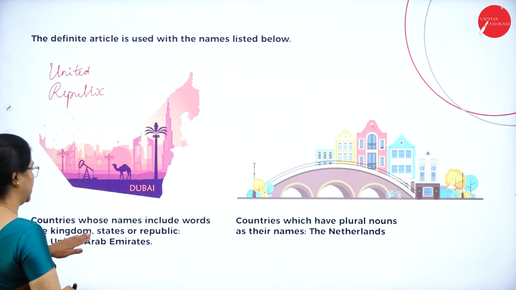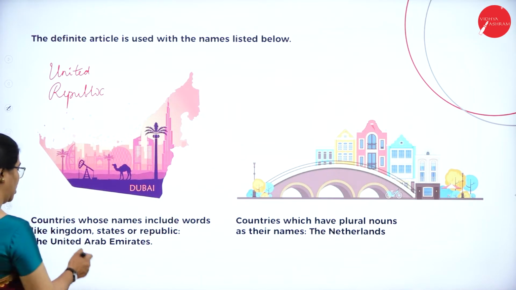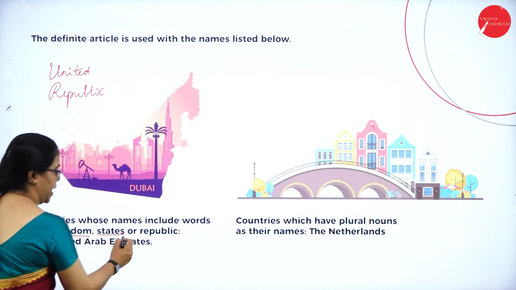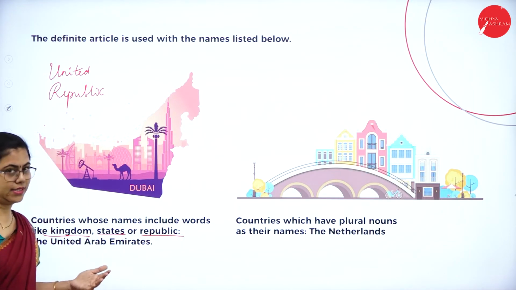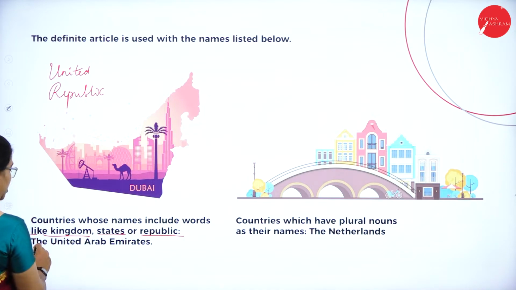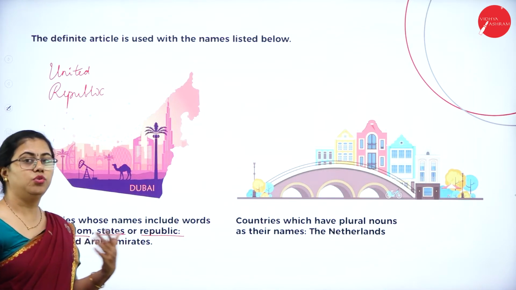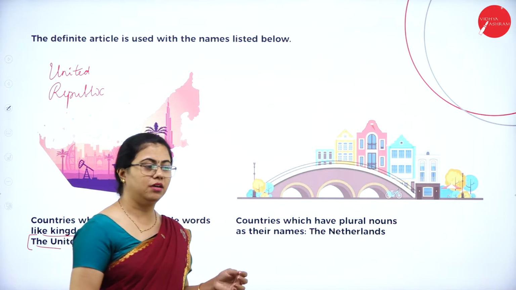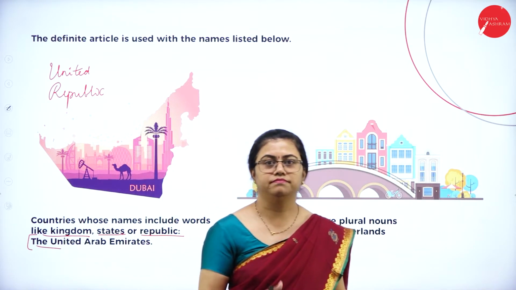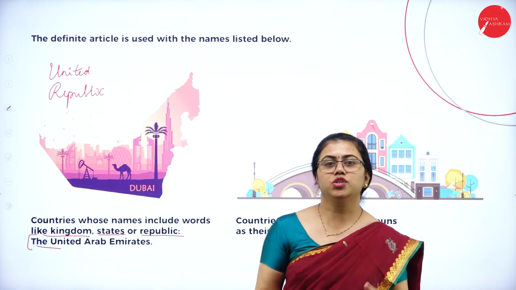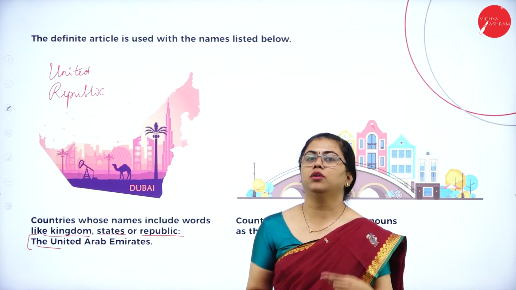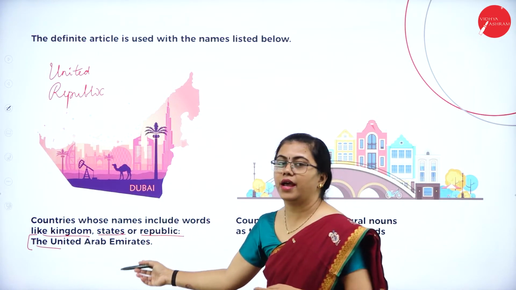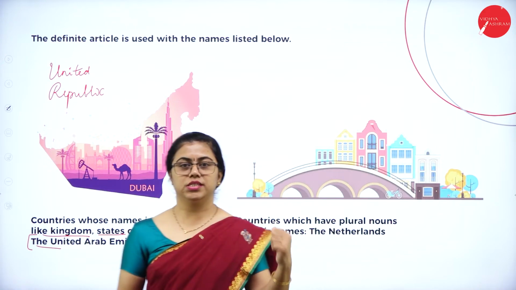Here also you can see countries whose names include words like Kingdom, States or Republic. Then you use the. So the United Arab Emirates, the United States of America, the Republic of Portugal, like this. So you use the whenever you're talking about names of countries that have such words. This is an example.